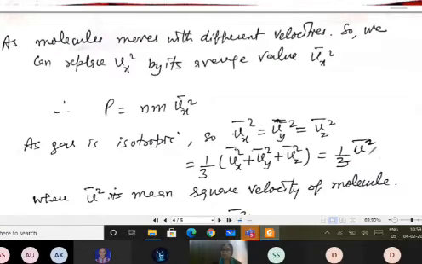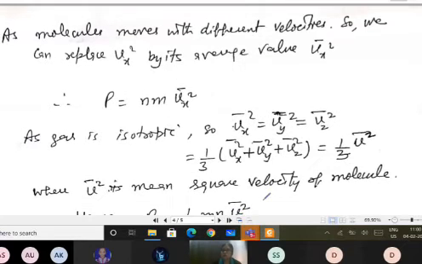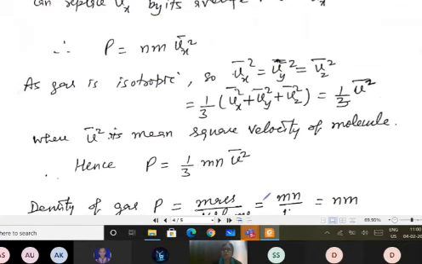Now this V bar square is the mean square velocity of the molecule. Then in the pressure, Vx will be replaced by this mean square velocity, because we have a number of molecules. Then I will write it as 1 by 3 m n V square.